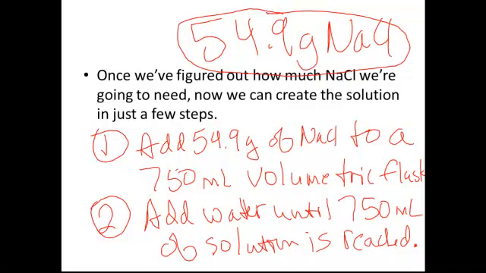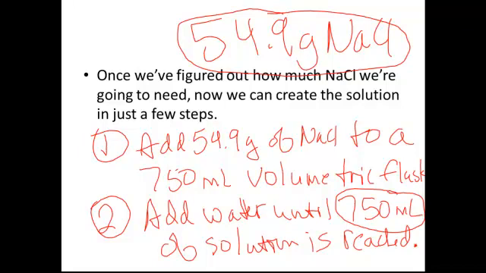The key here is understanding that we really don't know exactly how much water we're going to add. We're going to continue to add water until our entire solution, the water and the sodium chloride, adds up to 750 milliliters. So remember that when we're dealing with molarity, we're dealing with the volume of the solution, which includes that sodium chloride in it.